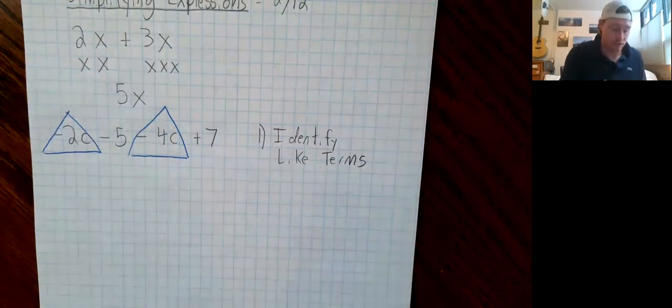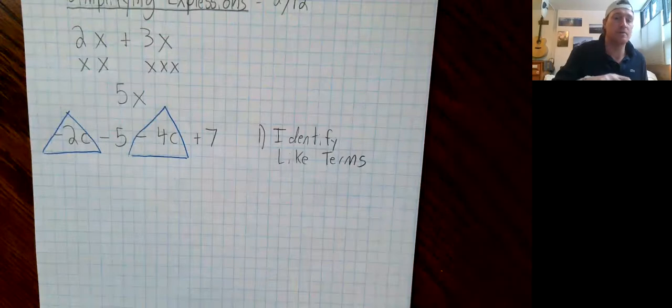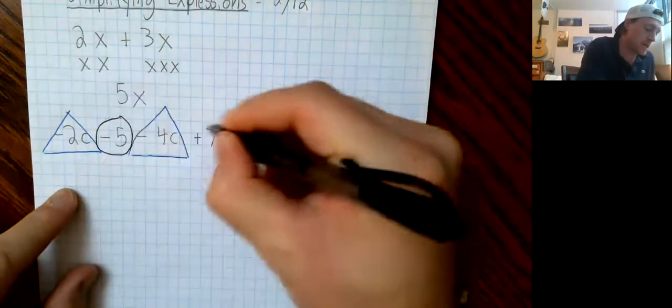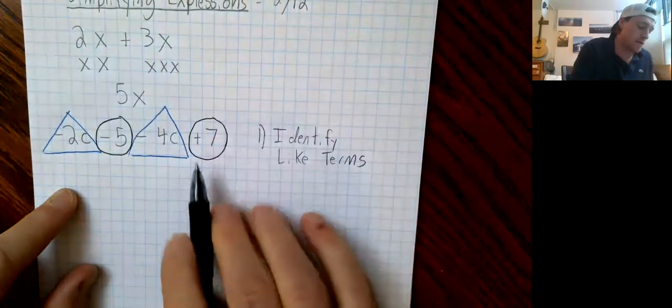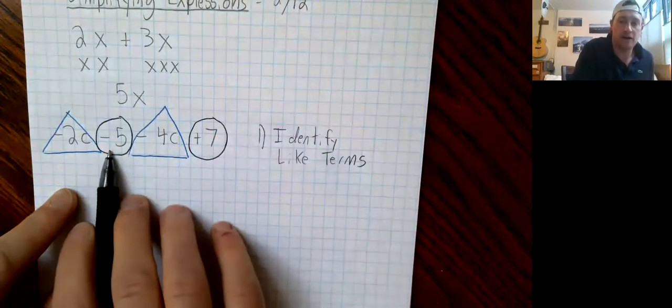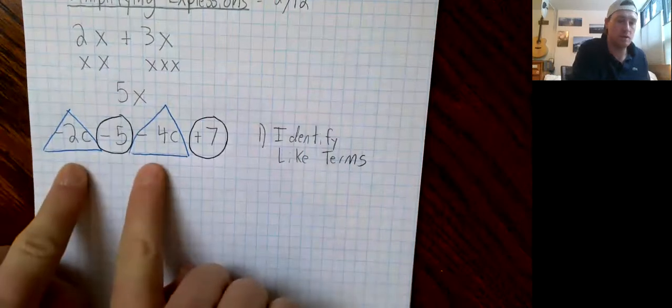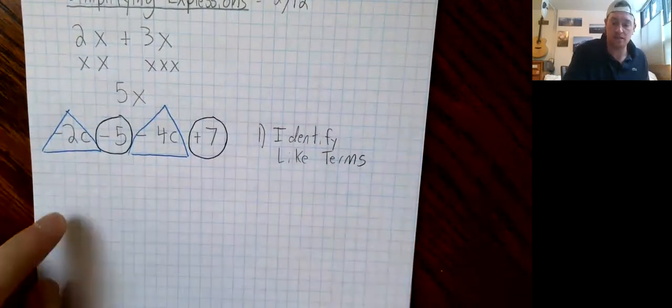The other like terms that I have here are my constants. Remember, my constants are whole numbers. So I'm just going to circle those in black. Positive 7 and negative 5. Okay, so I have identified like terms. I have two sets. One set with C's, one set with constants.